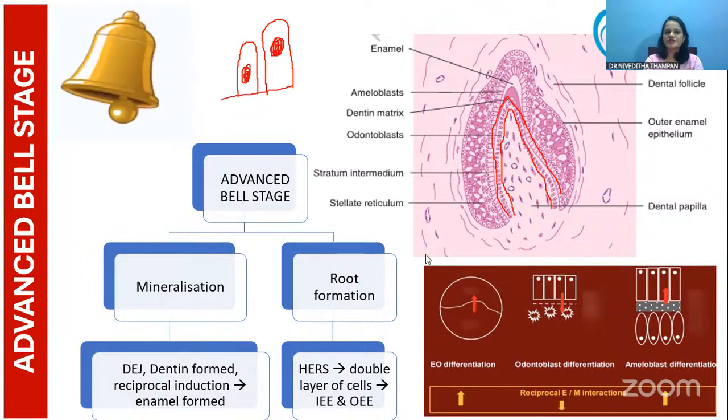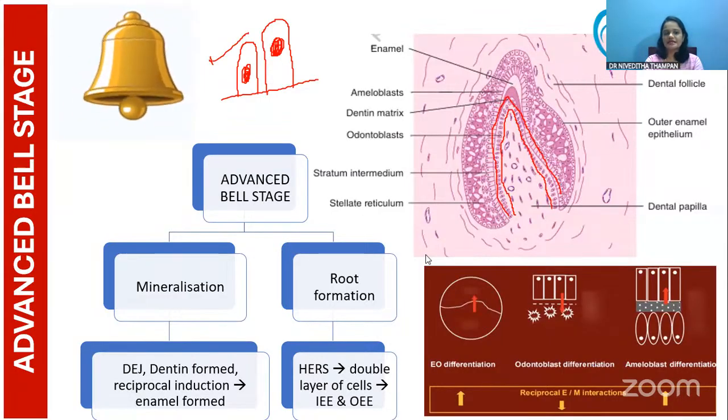This is the basement membrane, this is the normal inner enamel epithelial cell, and this is the ameloblast, with the nucleus away from the basement membrane.